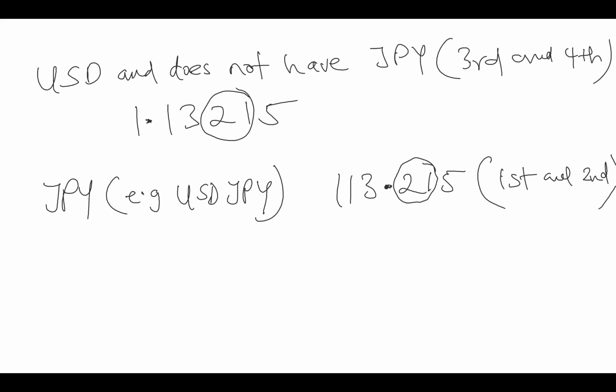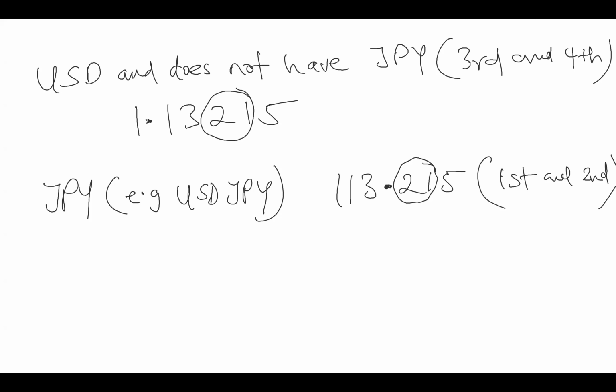Now, pairs that have JPY in them, examples, USD JPY, AED JPY, GBP JPY, CHF JPY, to count their pips, it's the first and second number after the decimal point.